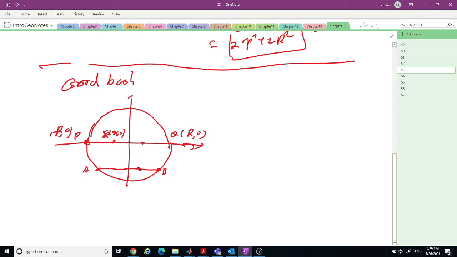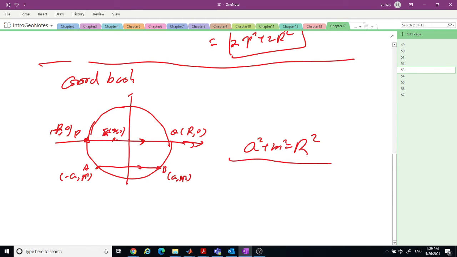Then the points A and B, because they are parallel, right? They are parallel, so let's see, this is (negative A, M). This is (A, M), right? So because X, A, and B are on the circle, we know A square plus M square is equal to R square.